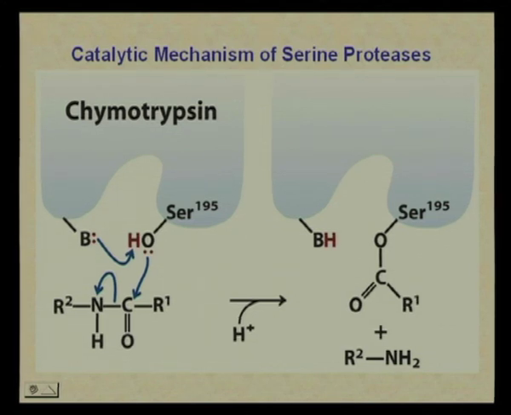We have two amino acids here, and you recognize this is R1, that is R2. Which is our hydrophobic residue, because chymotrypsin is going to cleave after the hydrophobic residue? R1 is the hydrophobic residue.